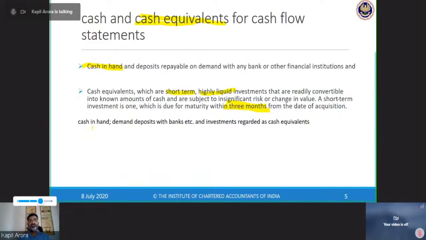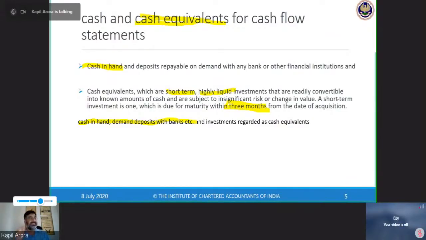So generally, cash in hand and demand deposit with the bank are cash equivalents. Please never take investment in shares or investment in mutual funds as cash equivalent. You may say that today, if you have invested in shares, you have the possibility to convert that into cash by just one click.